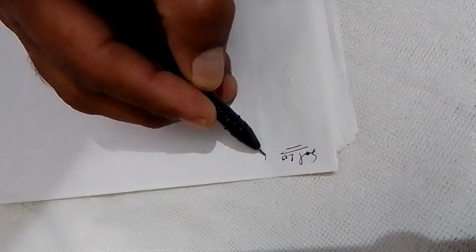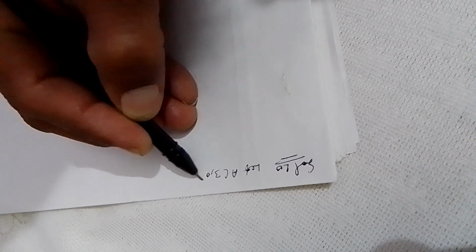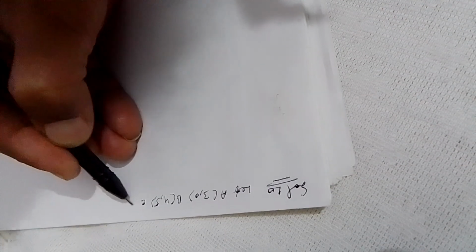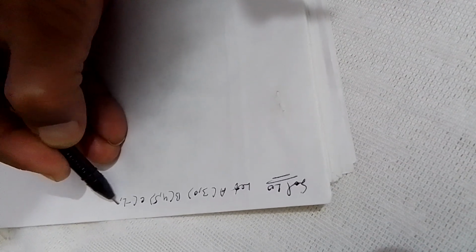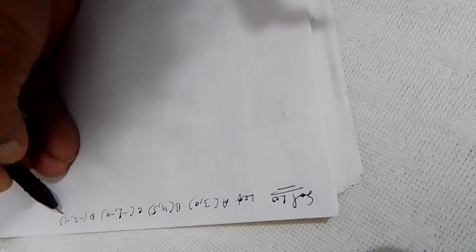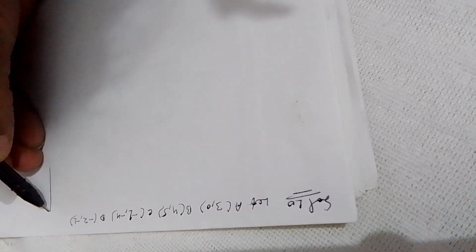So the solution of the 10th question is, let the points be A whose coordinates are 3, 0, point B whose coordinates are 4, 5, point C whose coordinates are minus 1, minus 4 and point D whose coordinates are minus 2, minus 1. These are the coordinates of a rhombus. So we will draw the rhombus like this.